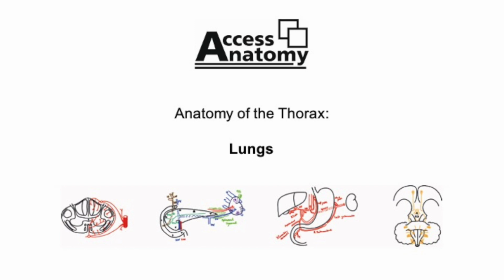The right primary bronchus is wider, shorter, and more vertical than the left, and as each primary bronchus enters the lung, they divide into lobar or secondary bronchi, which are associated with specific lobes.